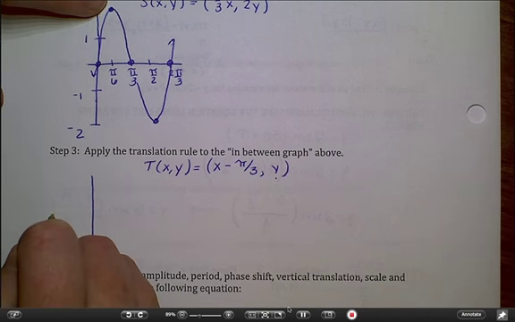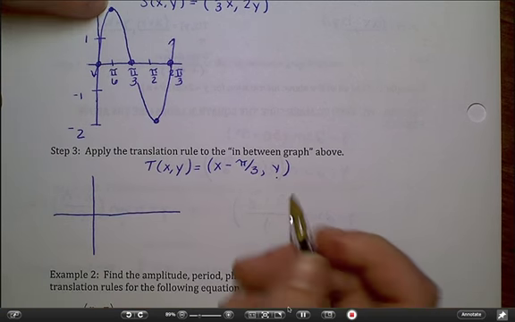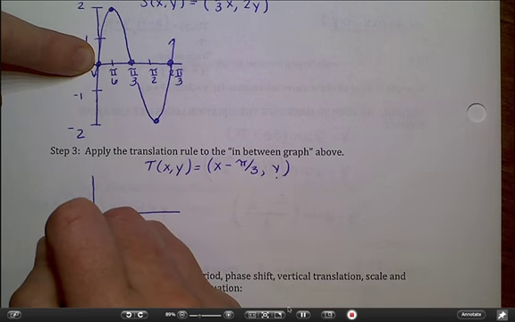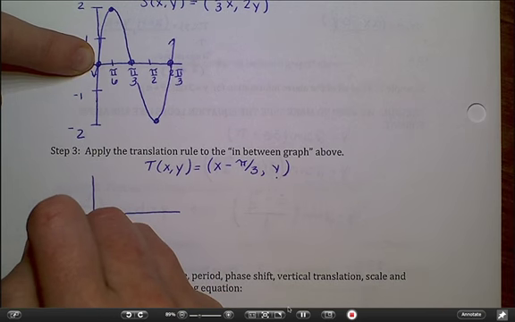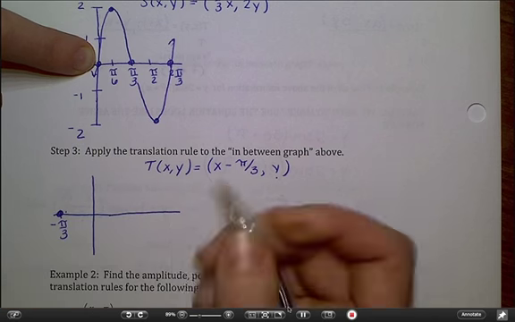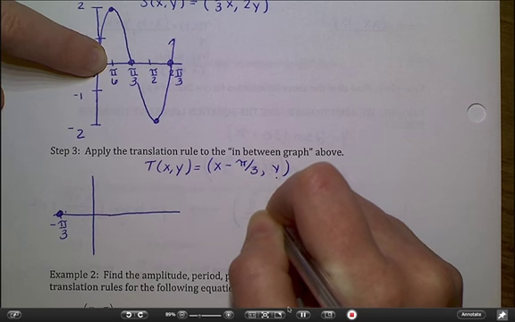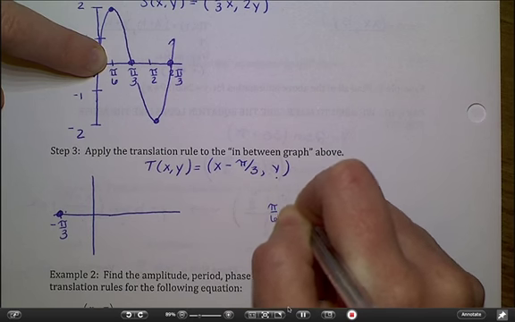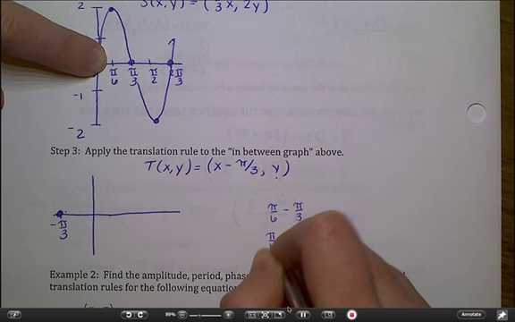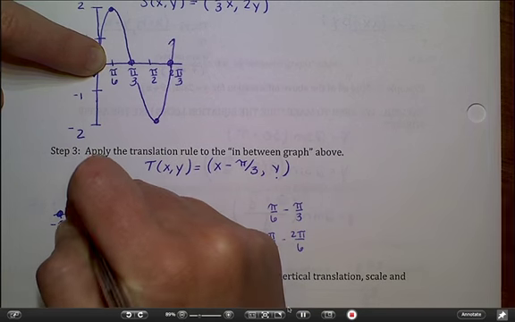But I am shifting everything to the left, pi over 3. So this point at 0, 0 is now at negative pi over 3. The point at pi over 6, and this is kind of annoying, pi over 6 minus pi over 3. You might have to rethink that pi over 3 is a 2 pi over 6. That puts us in negative pi over 6.